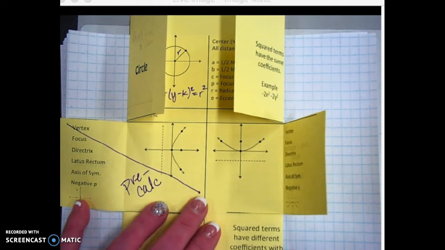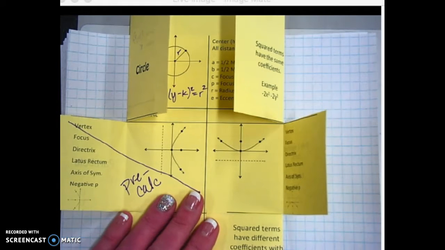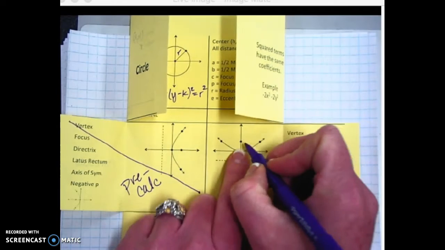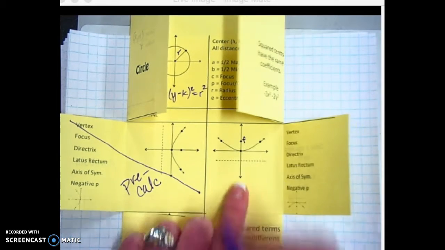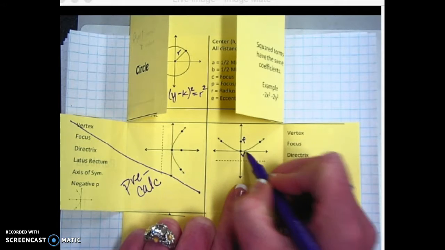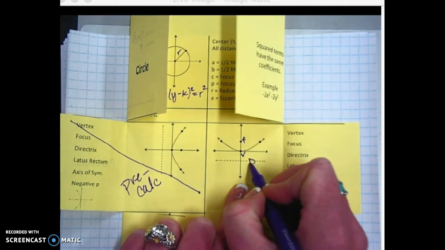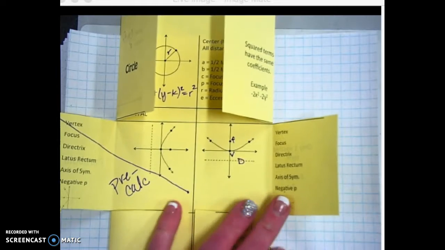I mean, that you can get because they're equidistant. So this point right here is your F, your focus. That point right there is obviously your vertex, and this line is your directrix.